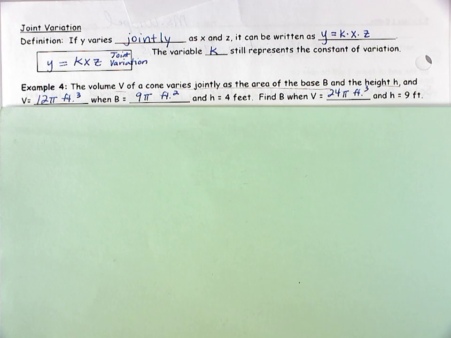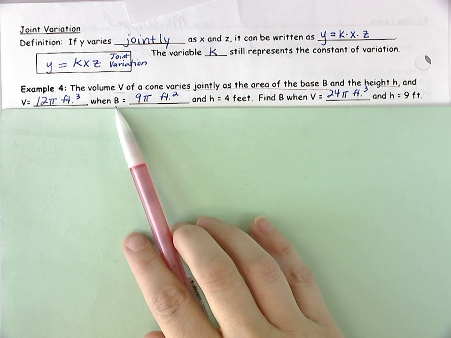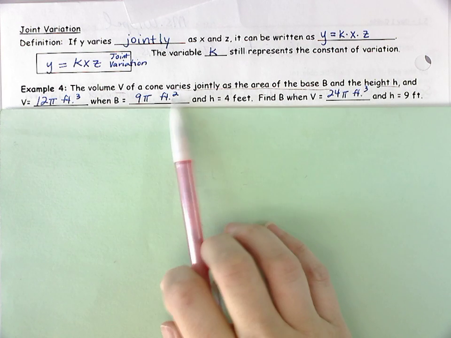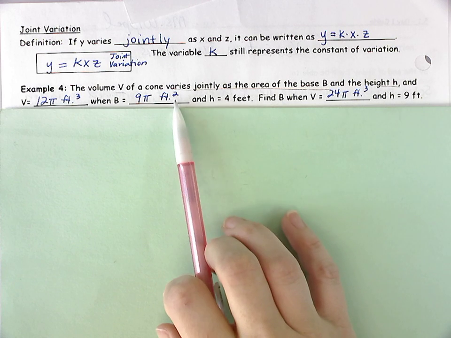If you're multiplying feet times feet times feet, it would be feet cubed. Same thing for this B: it's in feet squared because it's area, because you're multiplying two units together.